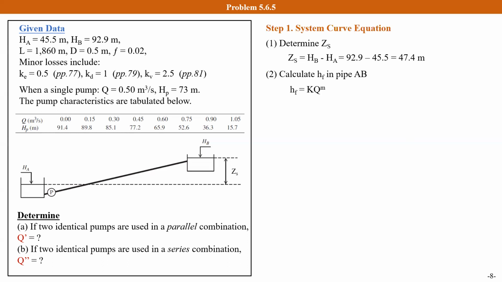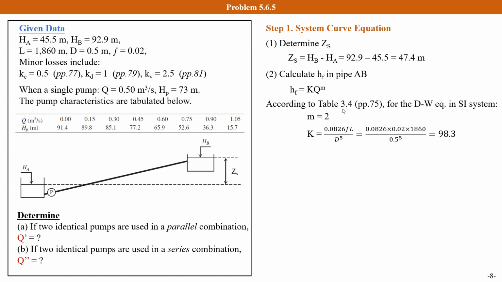The friction loss in pipeline AB equals K times Q to the power of M. Based on table 3.4, we can calculate the value of K, which equals 98.3. Because we already know the values of M and K, we can represent H sub F.